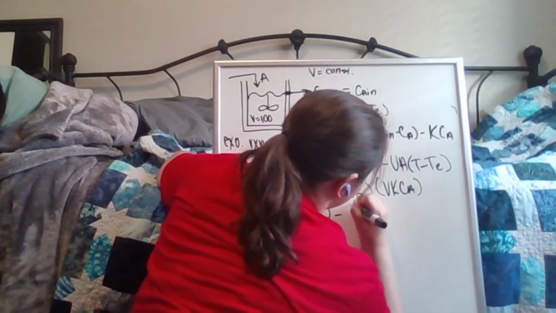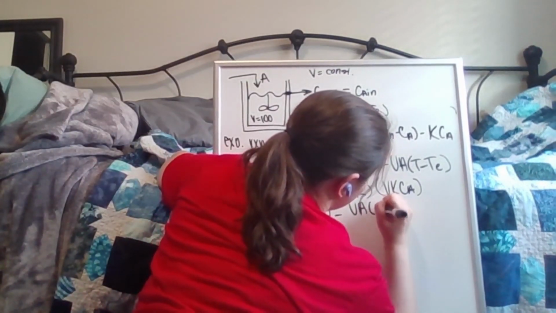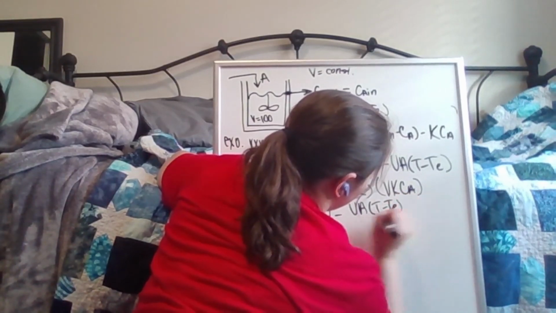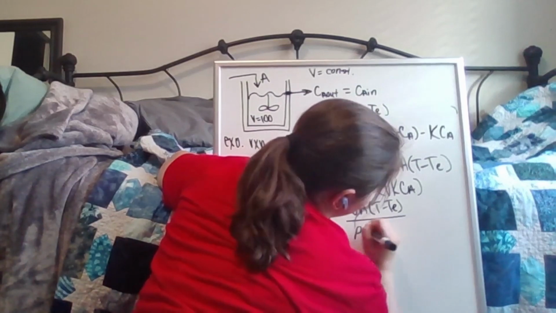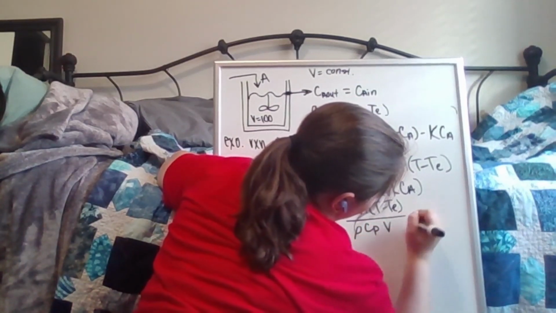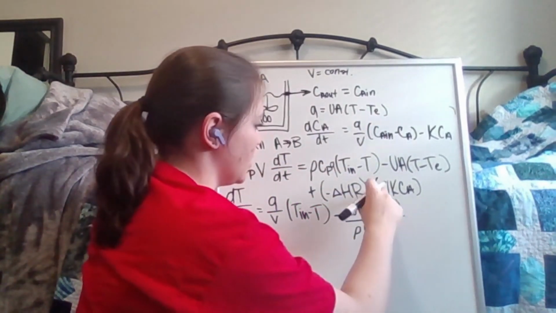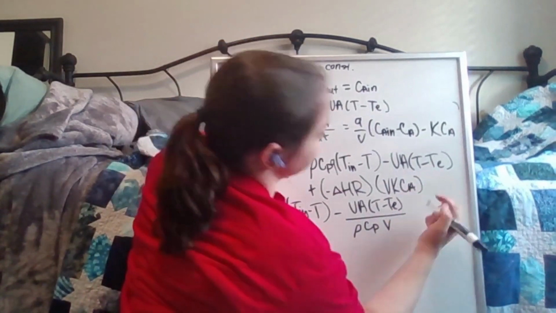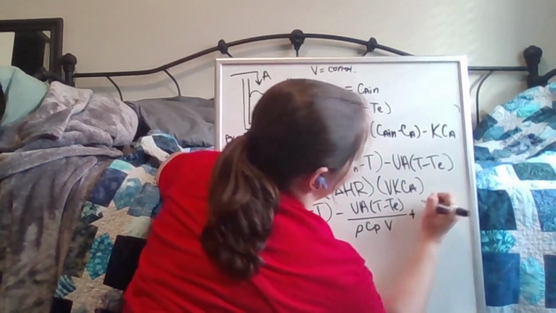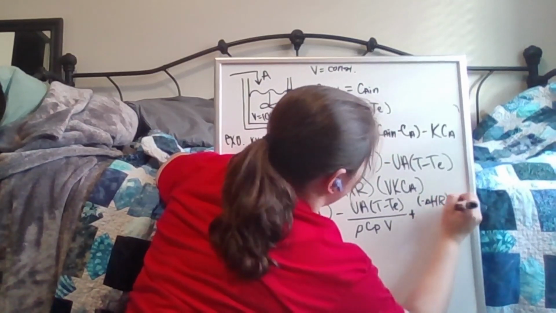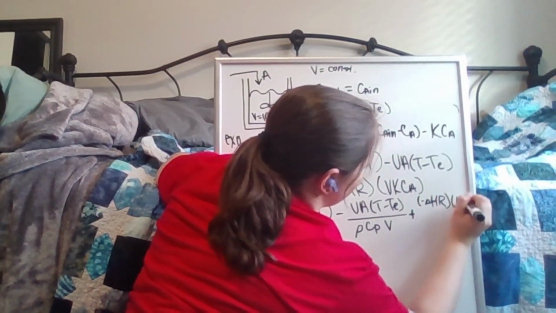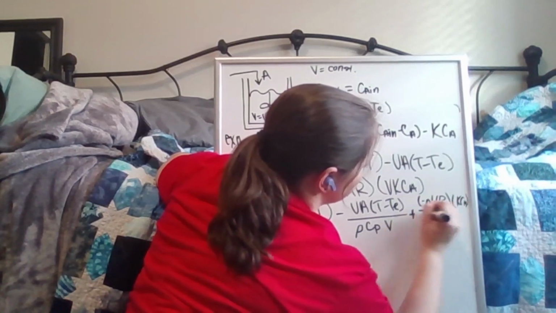So minus UA, T minus TE over R, it is density, specific heat, and volume. And then with this, our V cancels, but nothing else does. So we add our da da da da, and then KCA, I'm running out of space.